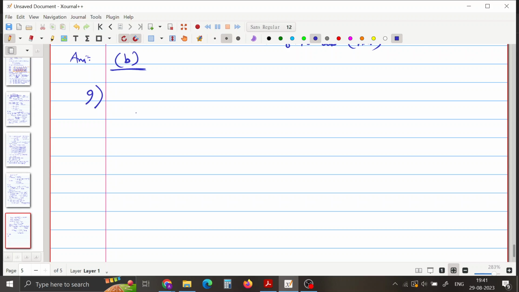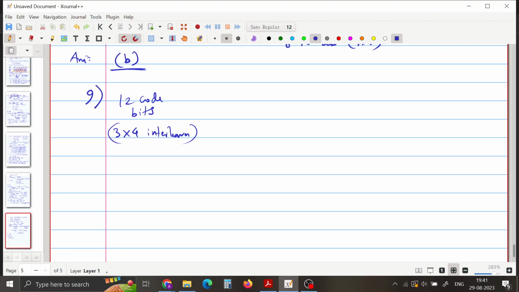Okay, question number 9. 12 code bits, and I have a 3x4 interleaver at the transmitter. Of course, if you have a 3x4 matrix, how many elements will it have? 3 times 4, right?